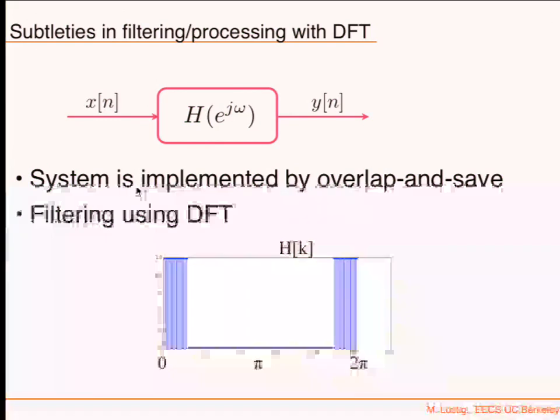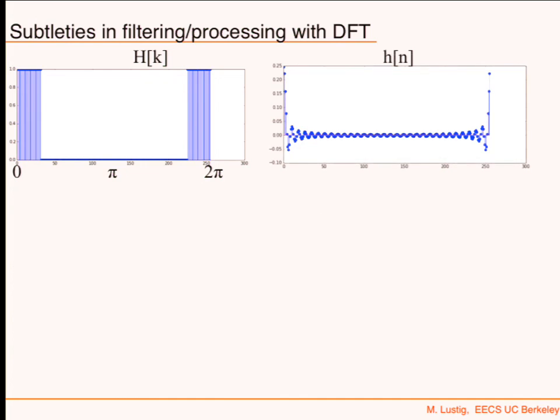It's tricky, because here's the thing. This is real. This is not magnitude, actually. This is real values. What about the phase? I didn't put any phase here. What happens if I don't put any phase? Now it's going to be circular, like a periodic sinc, so I'm going to have effectively an impulse response that is a periodic sinc, only it's not centered in the middle.